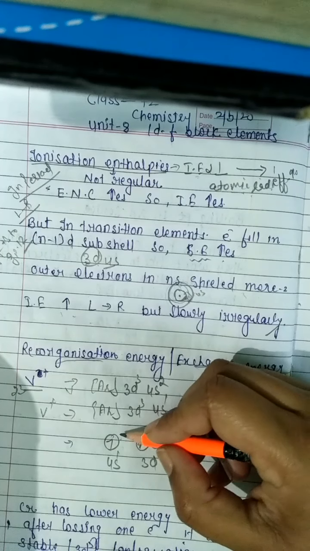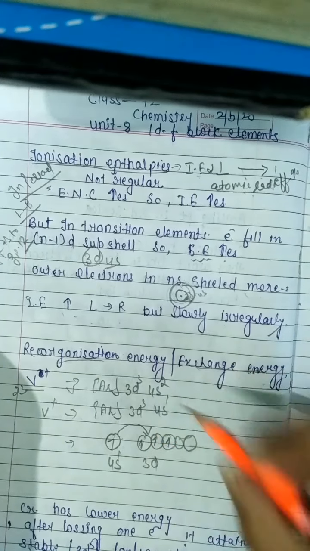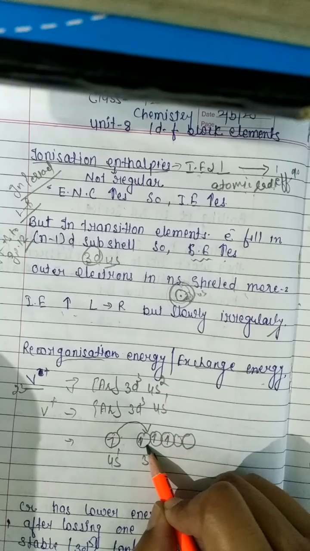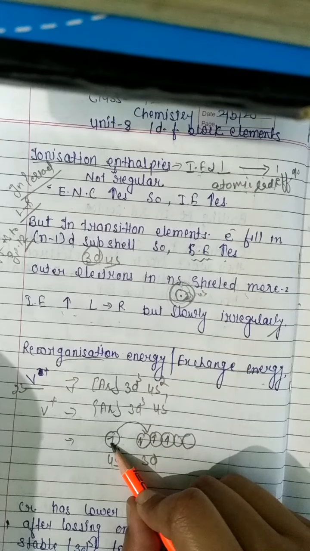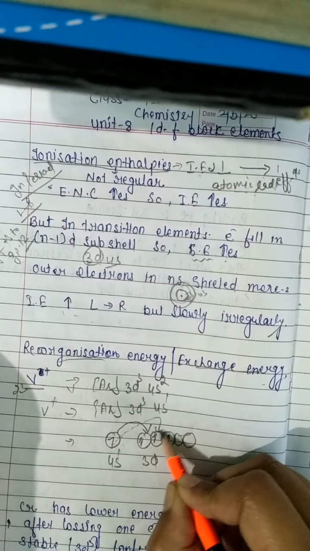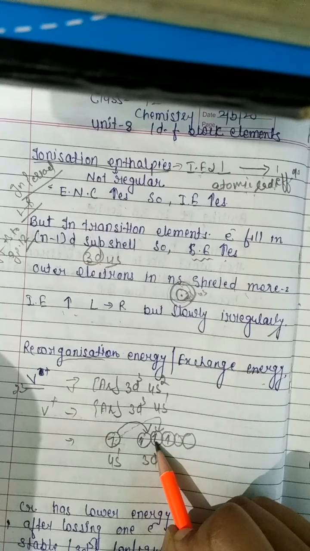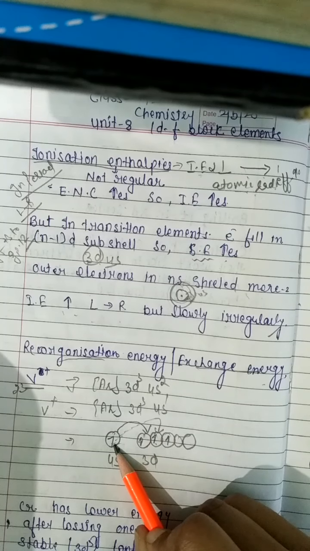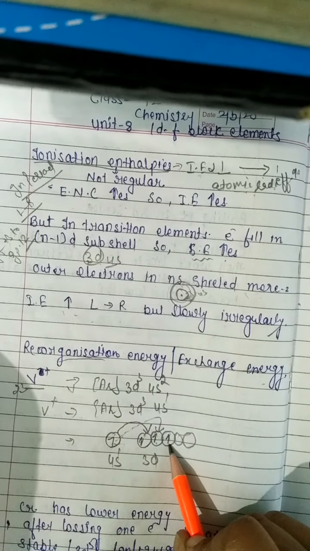So in that case, electrons are exchanged: this electron moves into the first d orbital, and that electron moves into the 4s orbital. The second possibility is that this electron is exchanged with the second 3d orbital, and in the third, this electron is exchanged with the third.